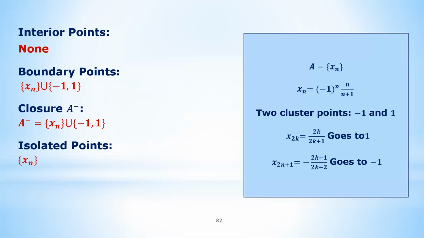This is not a converging sequence, because if you take n to be an even integer, then the sequence goes to 1. If you take n to be odd integers, then the sequence goes to -1. So there are two cluster points, 1 and -1.